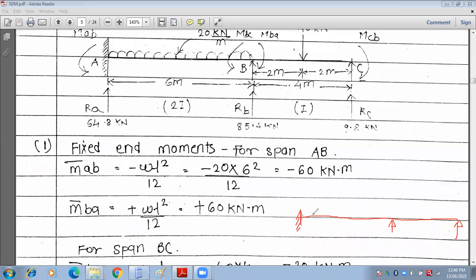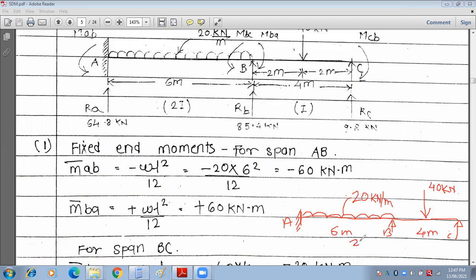Okay, AB carries a UDL of 20 kilonewton per meter, and BC carries a point load of 40 kilonewton, and the span of AB is 6 meter, and span of BC is 4 meter.